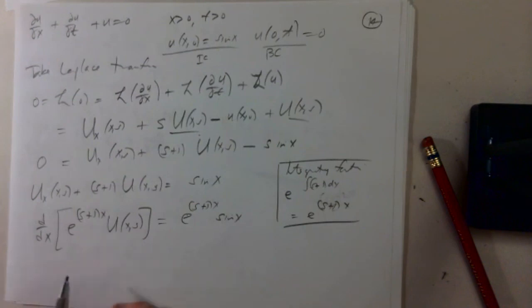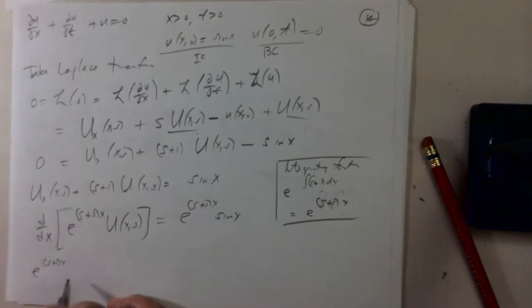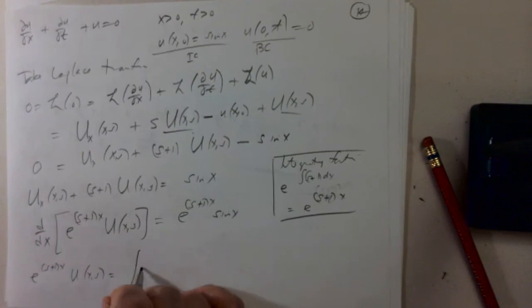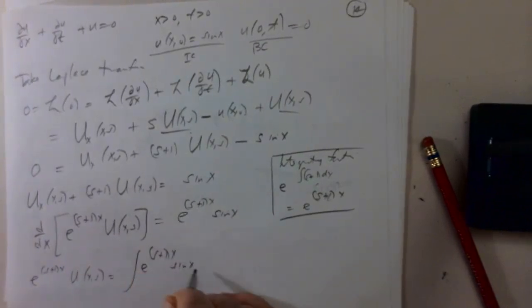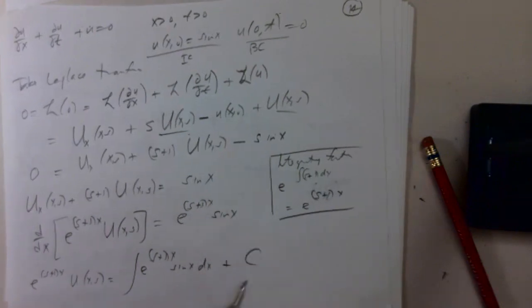So if I integrate, I get e to the (s plus 1)x U of x,s equals the integral of e to the (s plus 1)x sine x dx plus a constant.